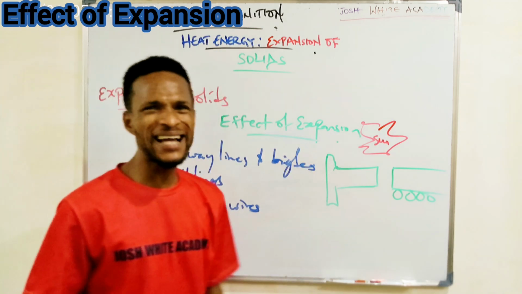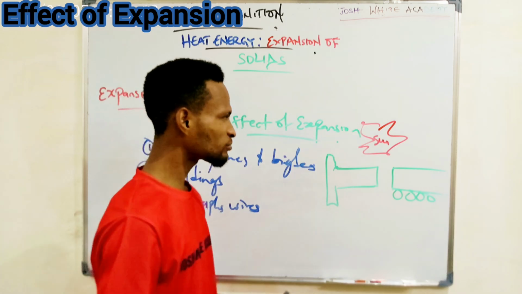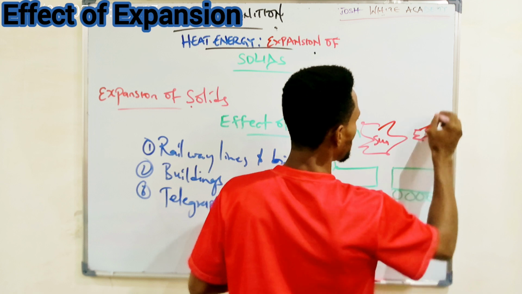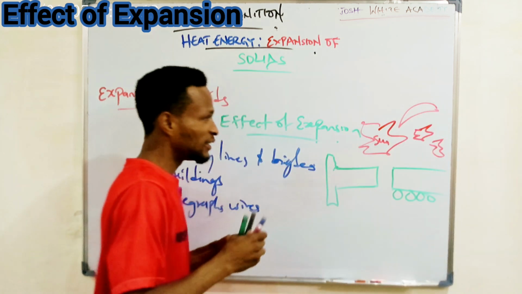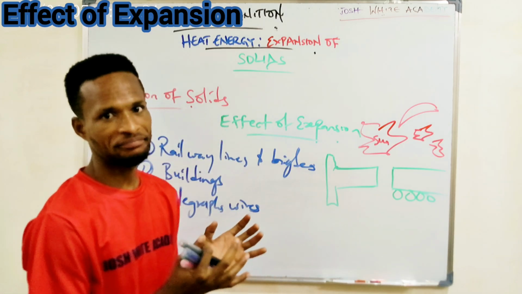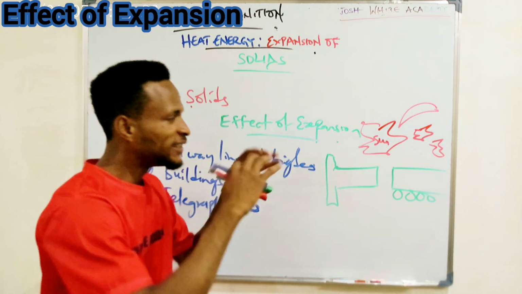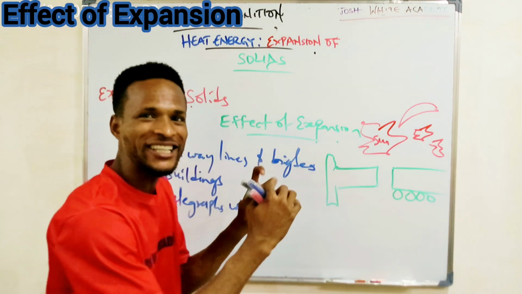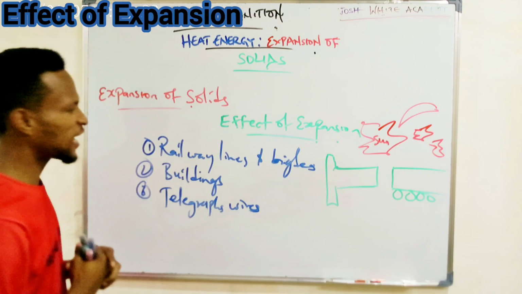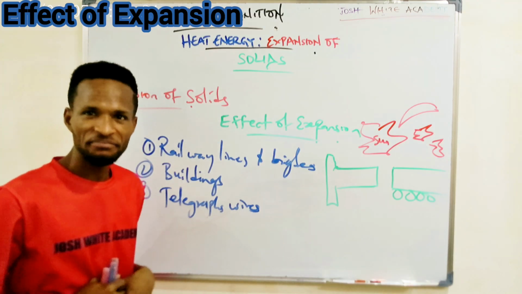And when it becomes night, where the stars begin to shine and the moon takes control and the sun is no more, the metal begins to contract back and return to its original size. Same with a building.